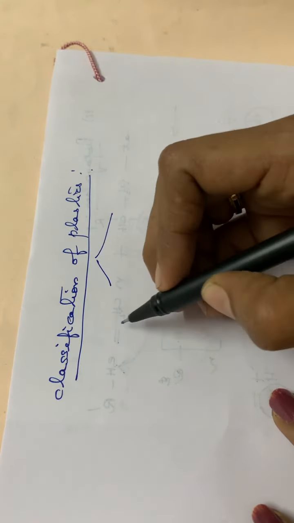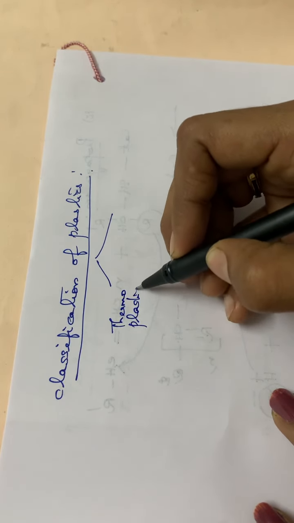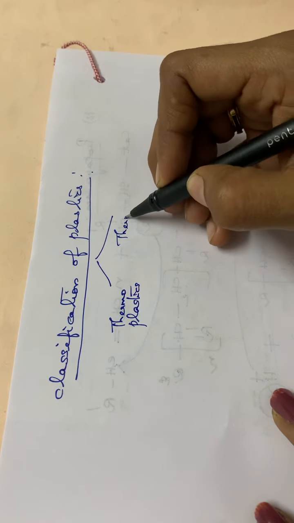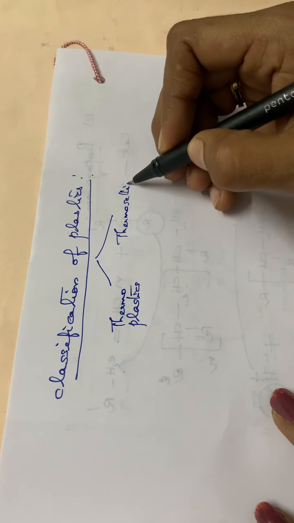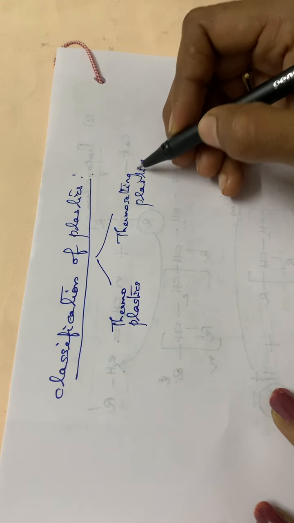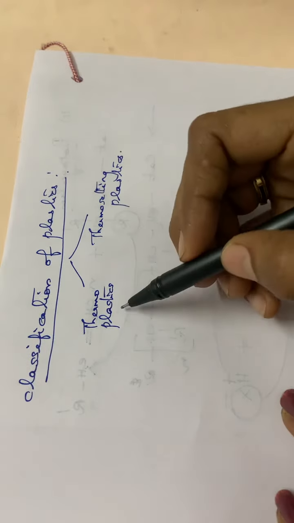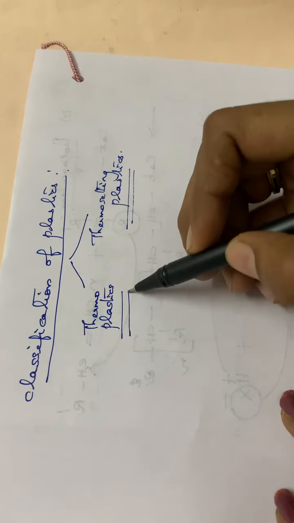They are thermoplastics and thermosetting plastics. First, thermoplastics; we can see some of the characteristics of these two.